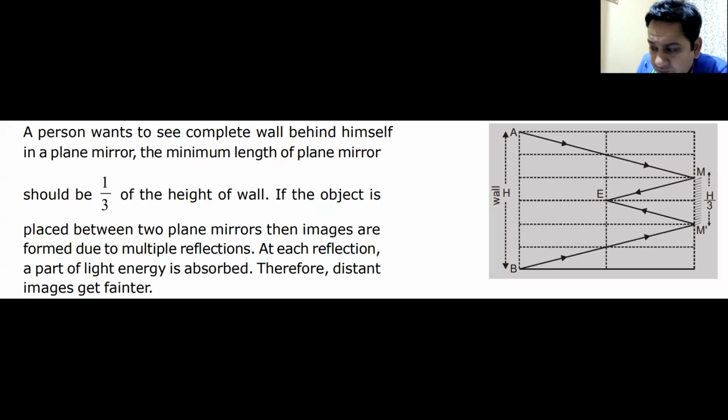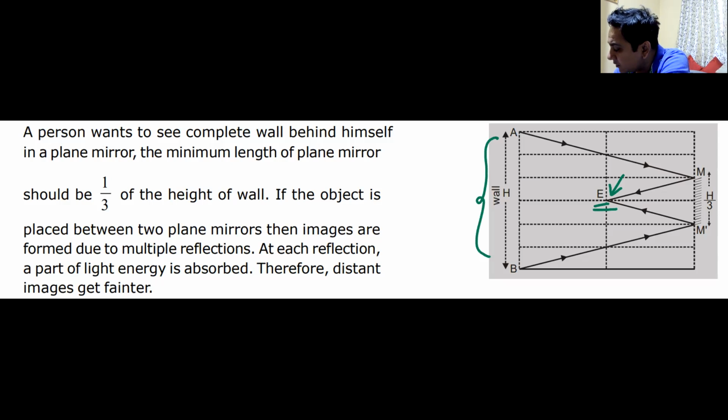Let's move ahead and we come to this point. If a person is standing, as you can see at this point, the person is standing and he wants to have a look at the complete wall which is behind him. How much is the minimum length of the mirror to see this complete wall?